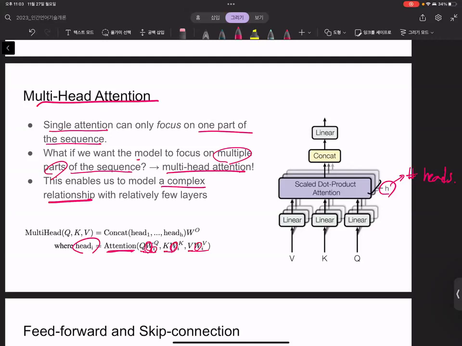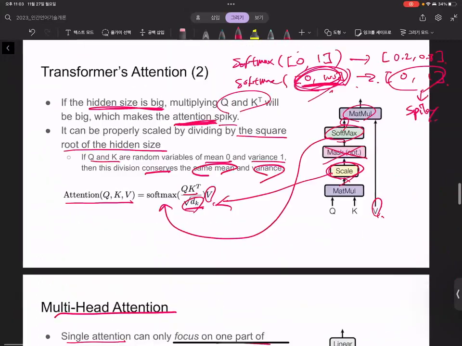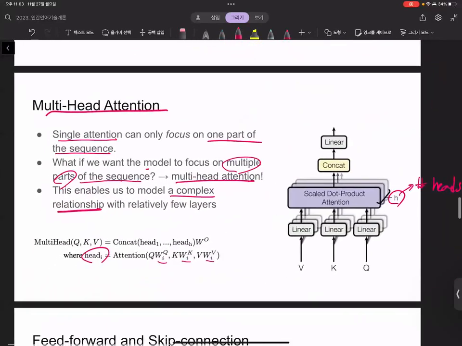So that is why there is the index i. And what is this QKV? This is just a notation. So this W is for Q, this W is for K, this W is for V. So V, K, and Q are linearly transformed.